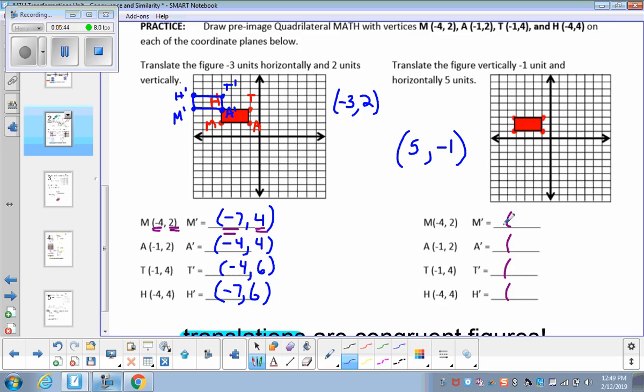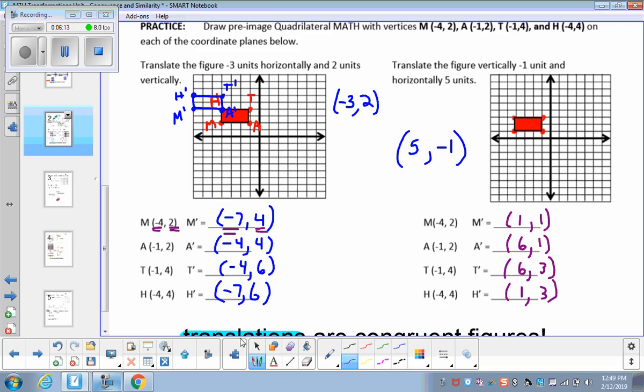So -4 plus 5, that's going to be 1. -1 plus 5, 6. -1 plus 5, 6. -4 plus 5, 1. All right, now for the vertical shift, each one of these moves down 1 point. So 2 minus 1, 1. 2 minus 1 again, 1. 4 minus 1 would be 3. And 4 minus 1 is 3.